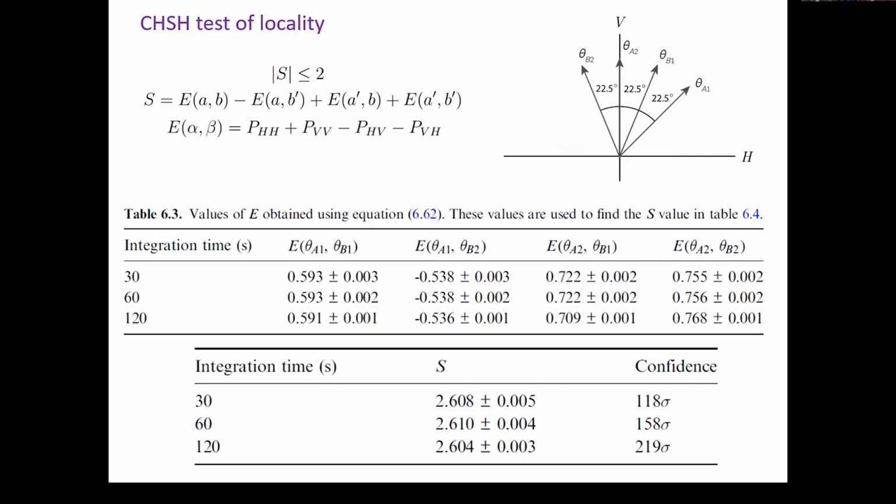But our values turn out to be 2.6, and they differ from 2 by 118 standard deviations, 150 standard deviations, 219 standard deviations. So by this much confidence, we violate local realism. So our single photons are really quantum, and quantum mechanics is non-local and non-real.